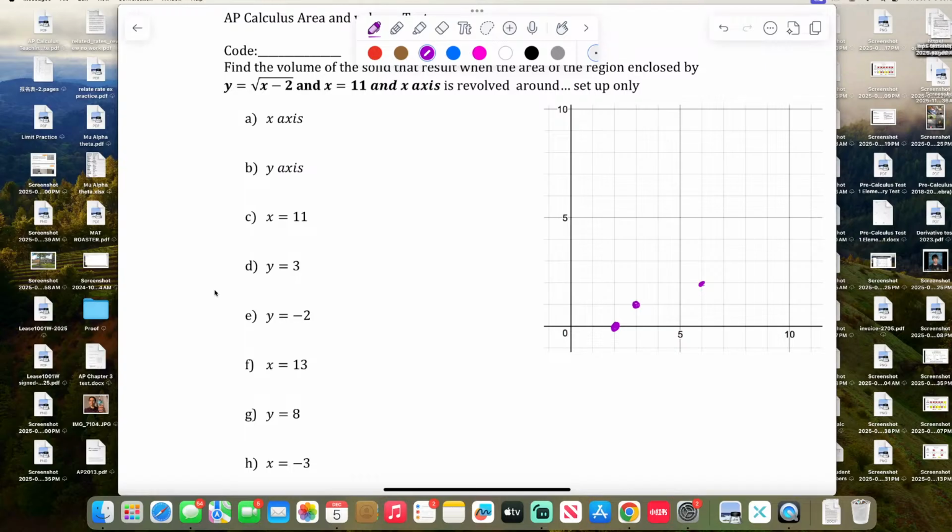So x equal to 11 is going to be here. That was a really bad drawing, sorry. So that's not 11, that's not 10. Oh, it's 11. That's why it looks weird.